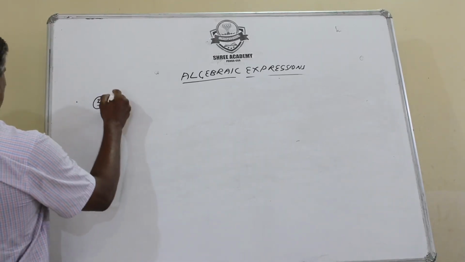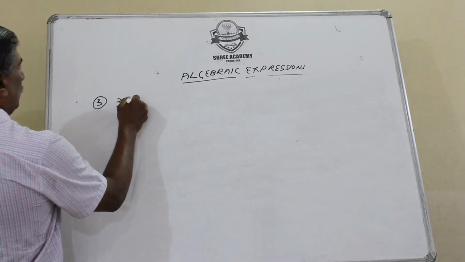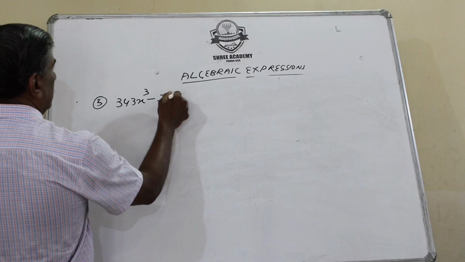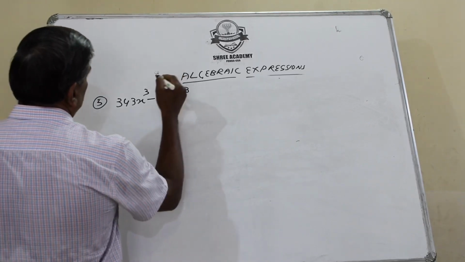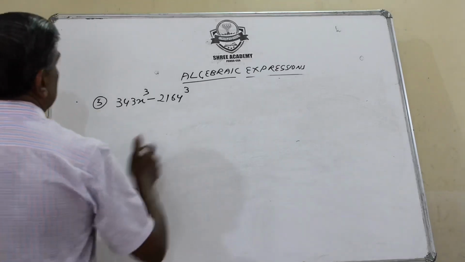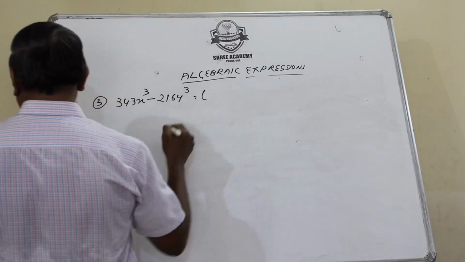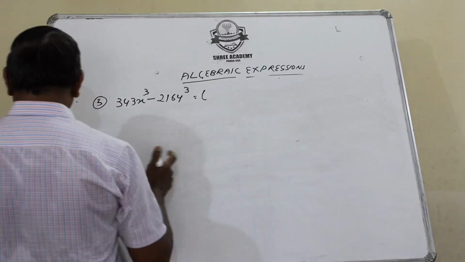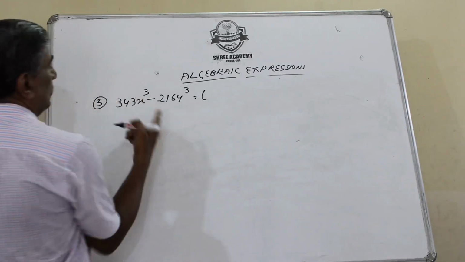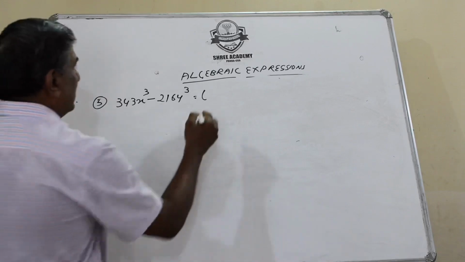Example number 5, we can say it is 343 x cube minus 216 y cube. Now this is how we do this. This is a cube minus b cube, means we have to write a minus b. Now the cube root of 343 x cube is 7x.